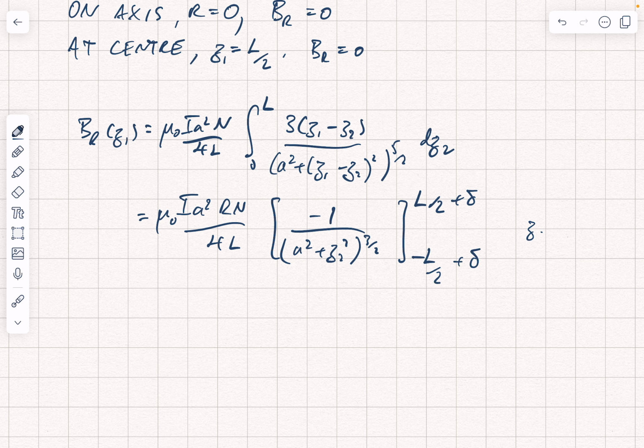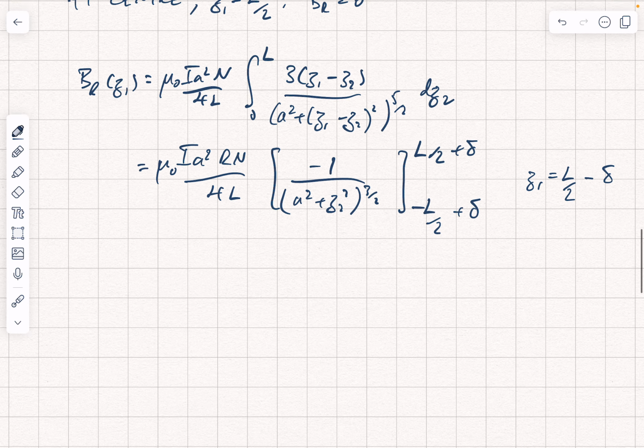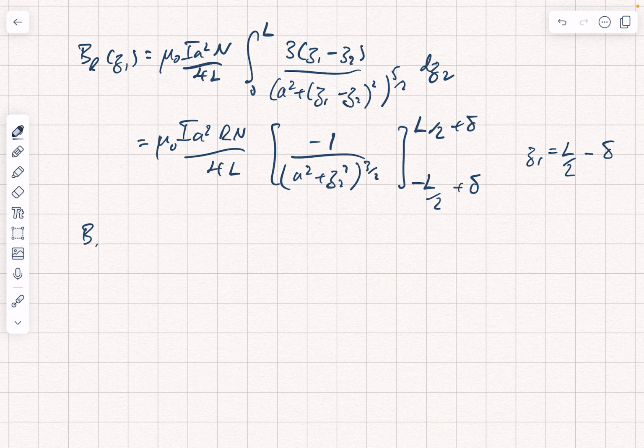So I'm assuming that Z1 is L over 2 minus delta. So we're just away from the centre of the solenoid. And under those circumstances, you can see that BR will essentially tend to 0. So the field is axial.